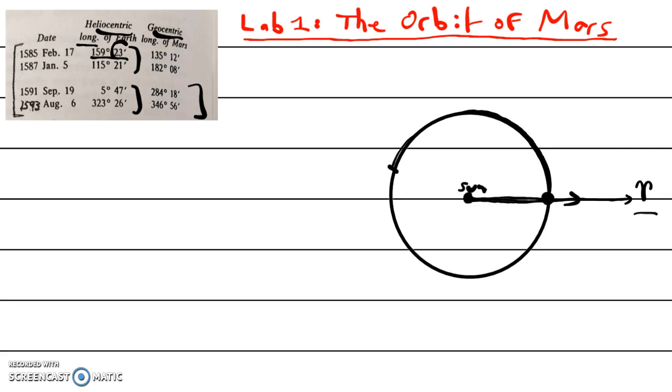It is important to take into account the minutes of arc and use a position in between two divisions, which are a degree apart on your protractor. You have to go in between the divisions as accurately as possible to find the 23 minutes of arc. That will be the position of Earth around the Sun.